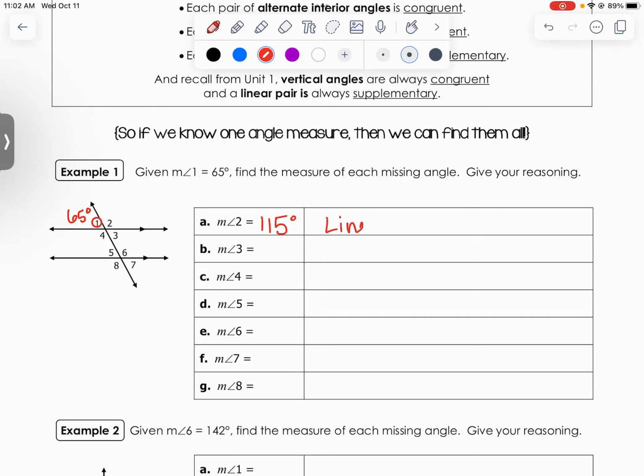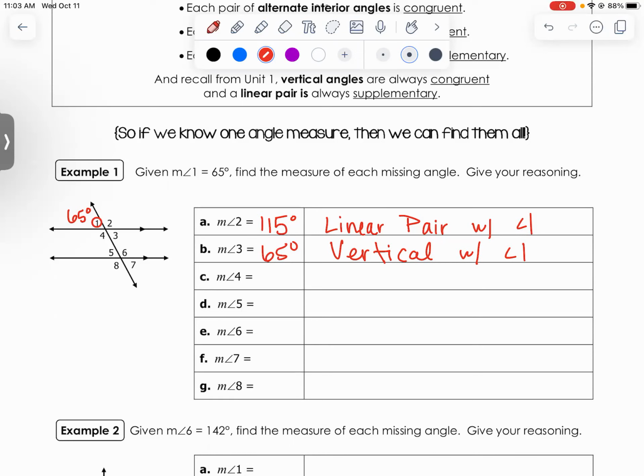We know that this is a linear pair, right? What about angle 3? How do we know that? It's a vertical angle for angle 1.